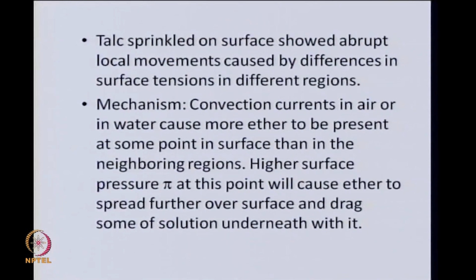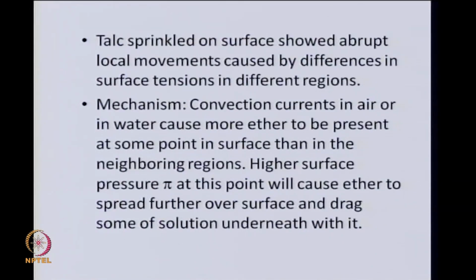Now, the mechanism here is that convection currents, either originating in air or within water, can cause more ether to be present at certain points in the surface than in the adjacent or neighboring regions.